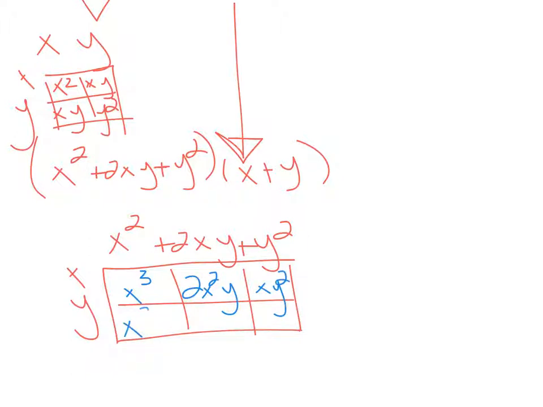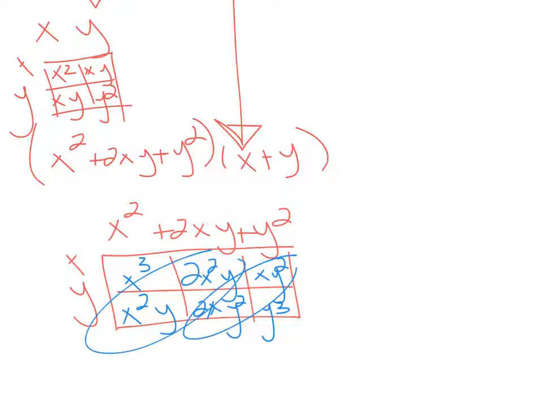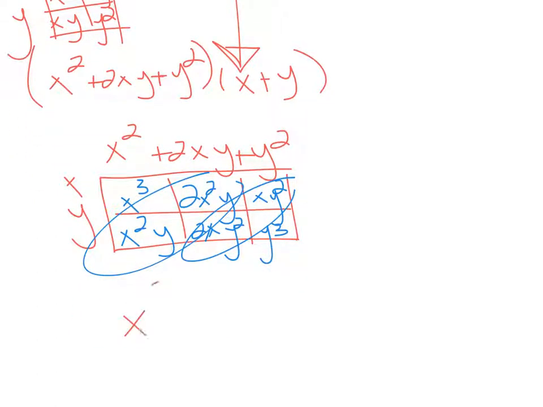Here I'll get x squared y and 2xy squared, and I'll get y to the third here. And I'll combine my like terms. So I'll end up getting x to the third plus 3x squared y plus 3xy squared plus y cubed.